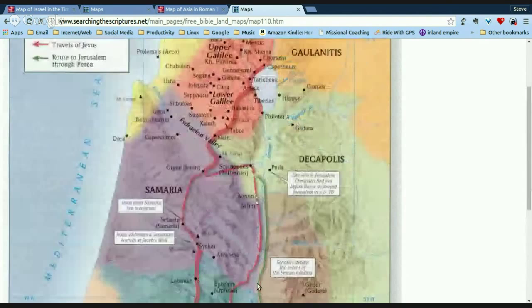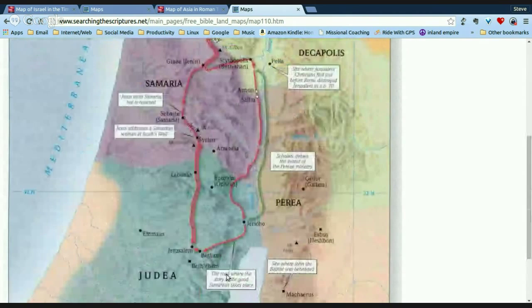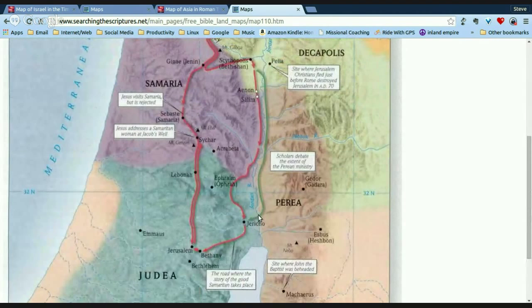And it's interesting to think about Jesus's ministry. He probably starts his ministry down here in the Jordan River, somewhere outside of Jericho. This is most likely where John was baptizing. People from Jerusalem were coming to John, and there was a route, this particular route here, that went down to Jericho.